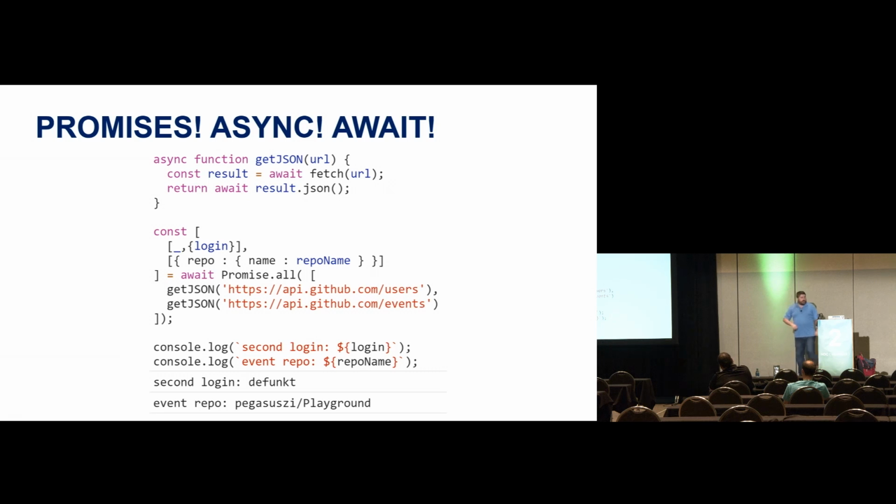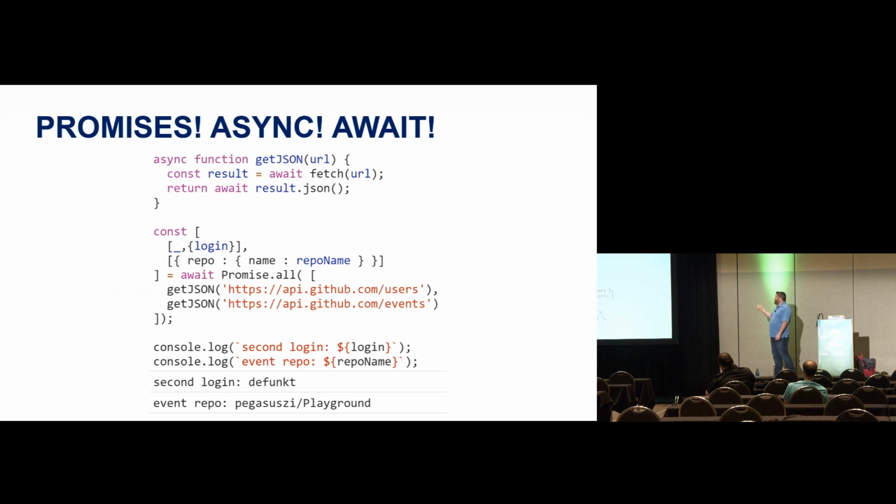On the next line, I'm reaching in to the first item in the array, which has a repo property. Every event that happens in GitHub happens on a repo. So I'm reaching into that repo property, and I'm destructuring that repo property, which is an object itself, and it has a name property.